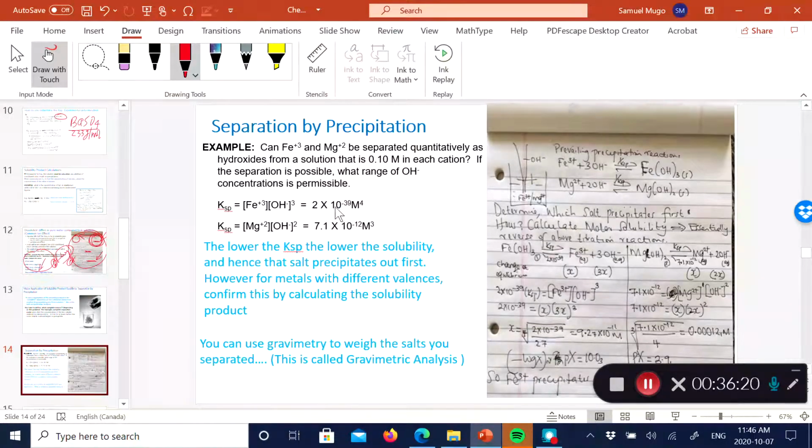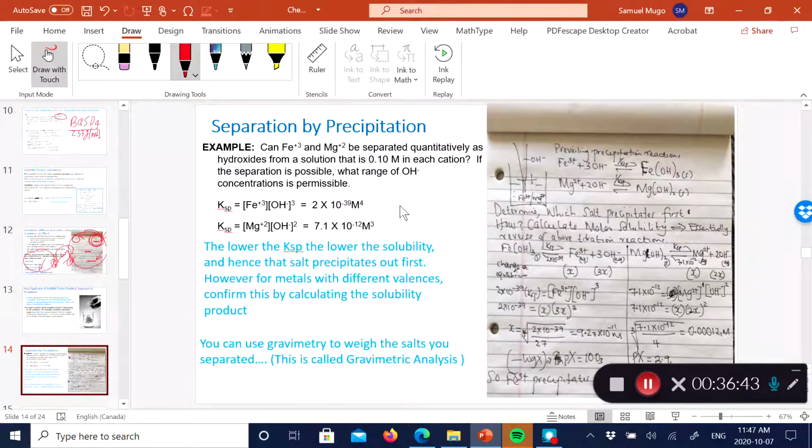So you can see the KSP for this one, the iron hydroxide, is very, very low compared to magnesium hydroxide. So we can imagine and approximate that the iron hydroxide is going to precipitate first. However, we need to be sure.